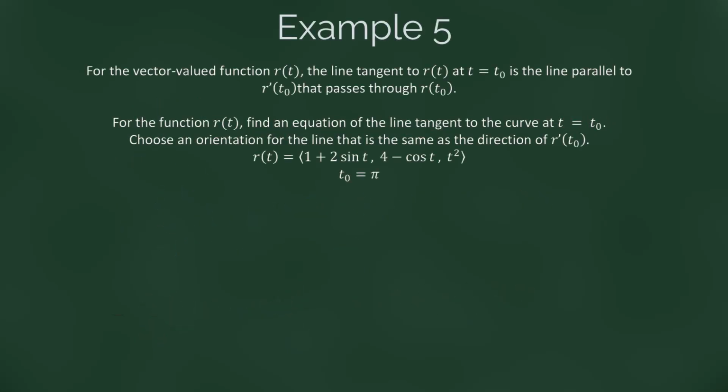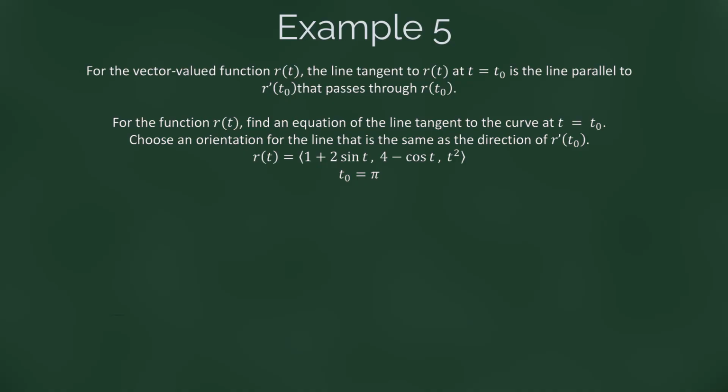All right, we have the tools to find the tangent vector to a vector valued function at a point, but here we actually want to find the line tangent to our vector valued function at a given point. So that line is going to be parallel to the tangent vector and passing through the function evaluated at that point.